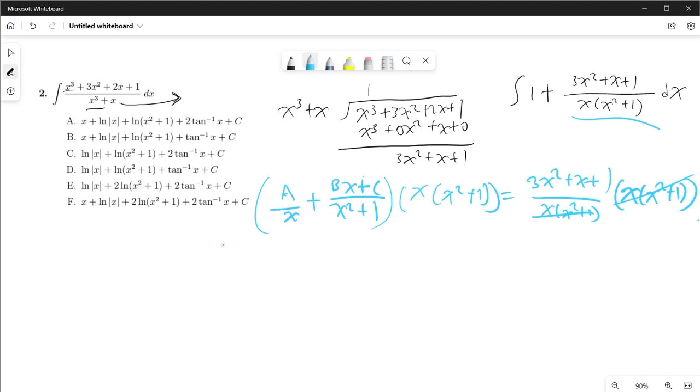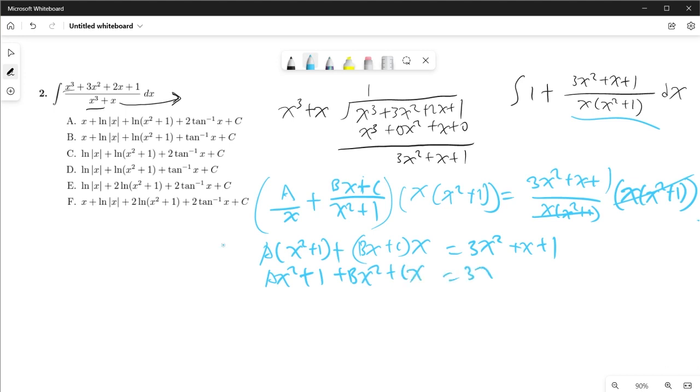Whereas over the left side, the x will cancel out with the x, so I have a times x squared plus 1, plus the x squared plus 1 will cancel out, so I have bx plus c times x equal to 3x squared plus x plus 1. Then simplify even more: bx squared plus cx equal to 3x squared plus x plus 1.